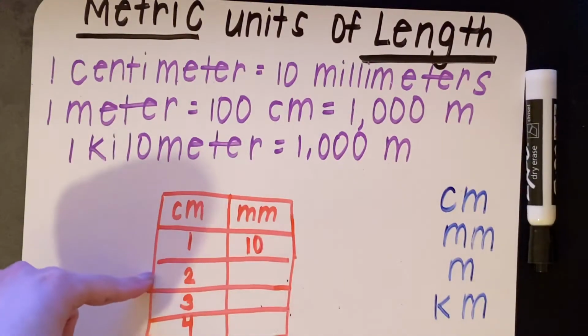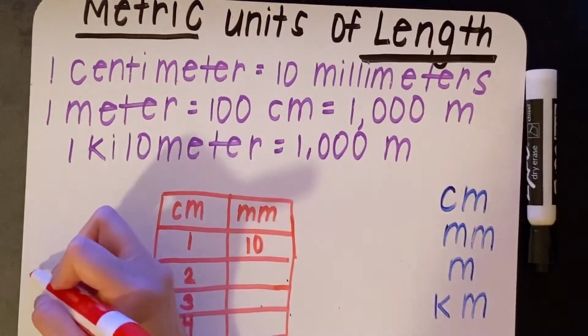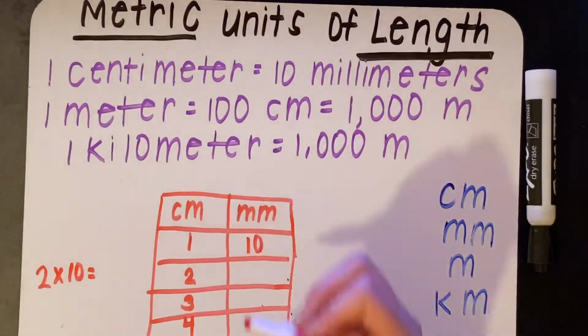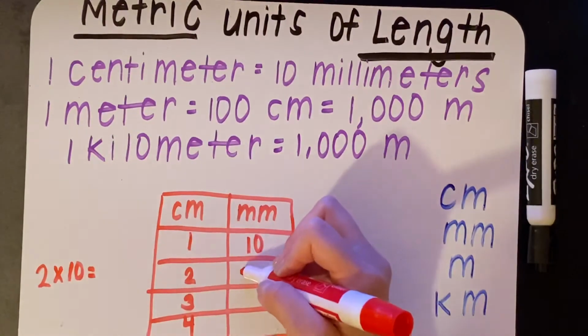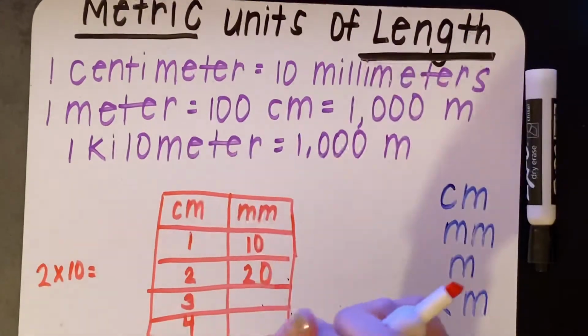2 centimeters. So if one of them equals 10, two of them would be 2 times 10, which we can do in our head using mental math. 2 centimeters equals 20 millimeters. 3 centimeters. 1 centimeter equals 10 millimeters.